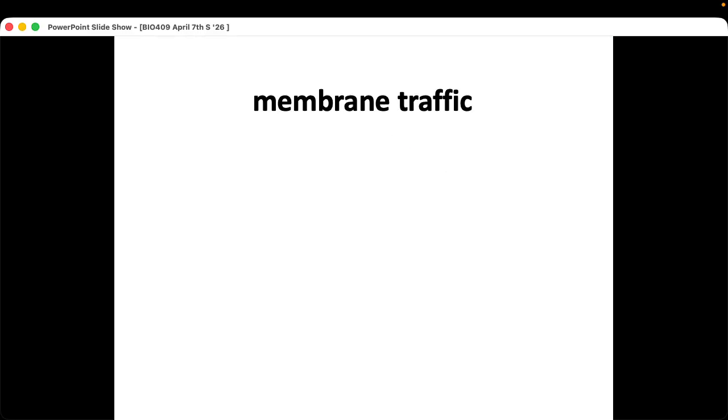And general term, membrane traffic. Every time we talk about those vesicles, they're involved in membrane traffic. So for the protein synthesis, we talk about the rough ER and the vesicles that carry newly synthesized protein from the rough ER to the Golgi.